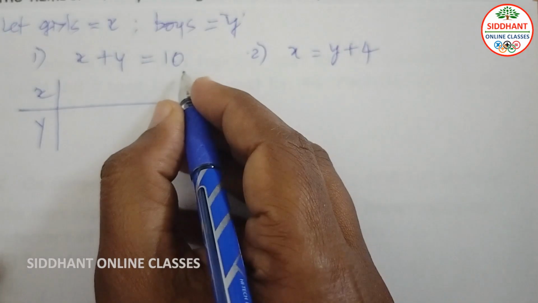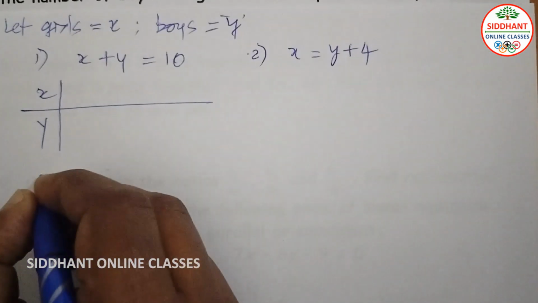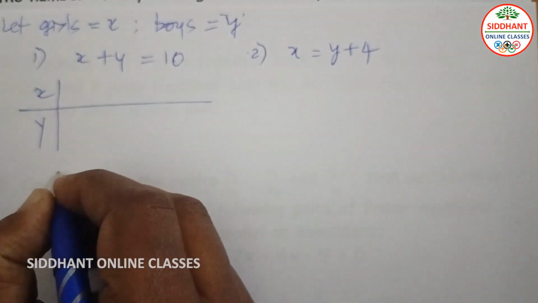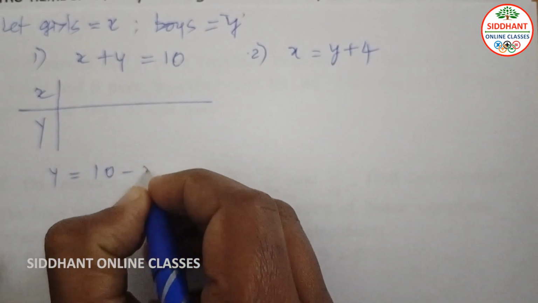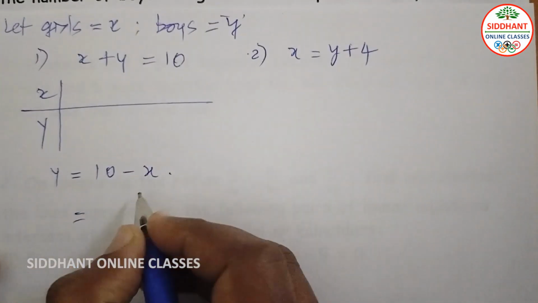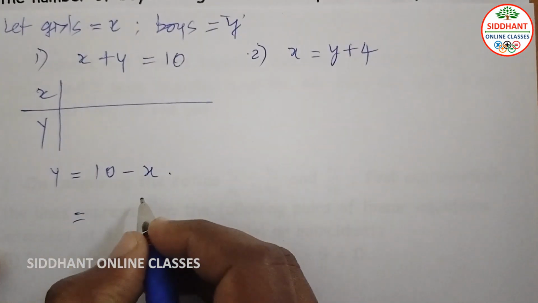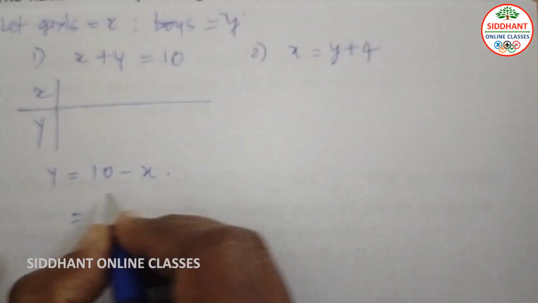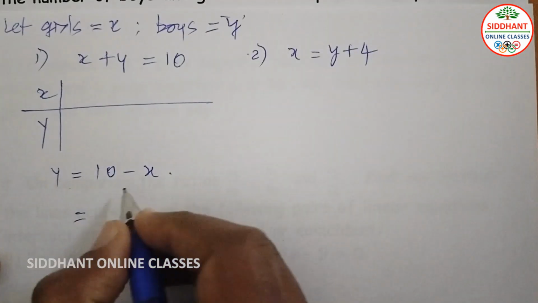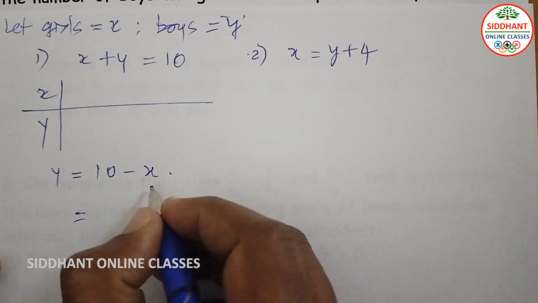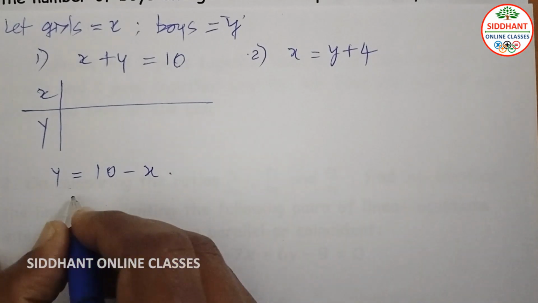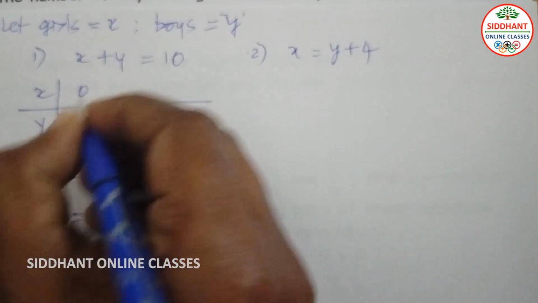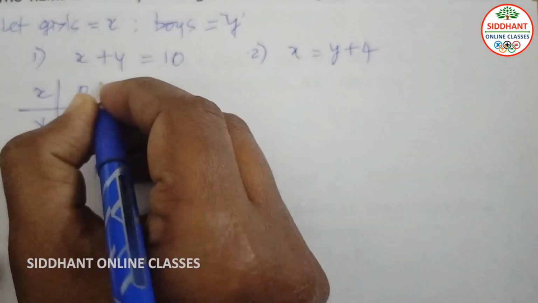X plus Y equal to 10, then Y equal to 10 minus X. If you keep 0 in X place, you will get Y equal to 10.